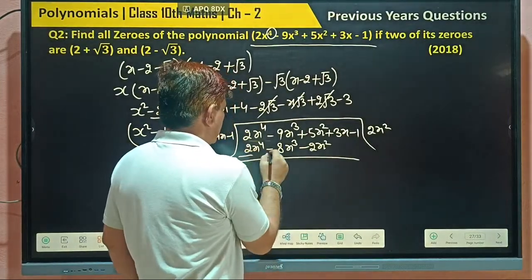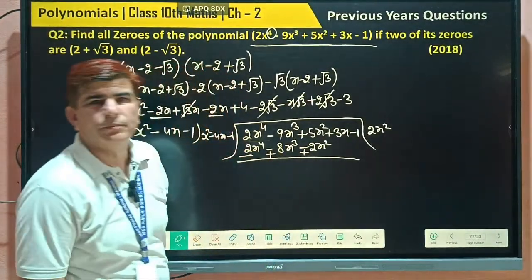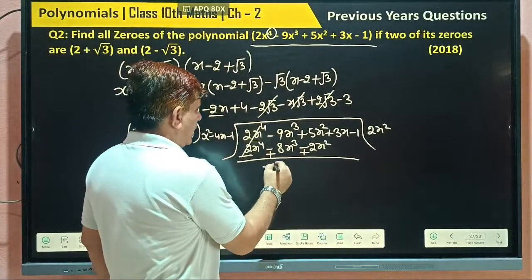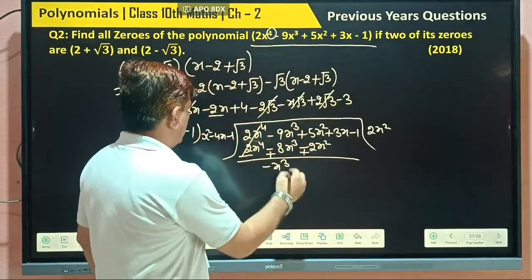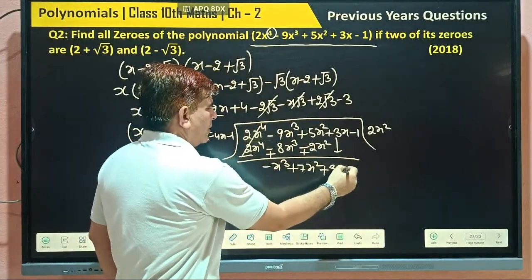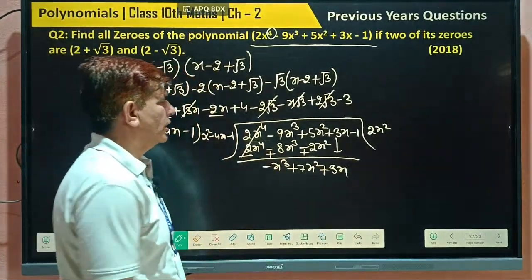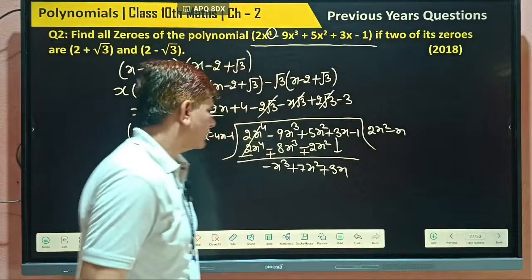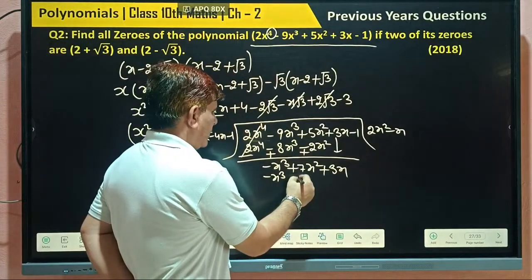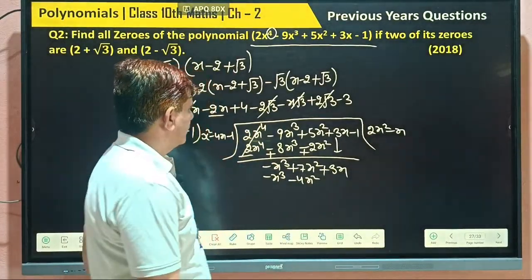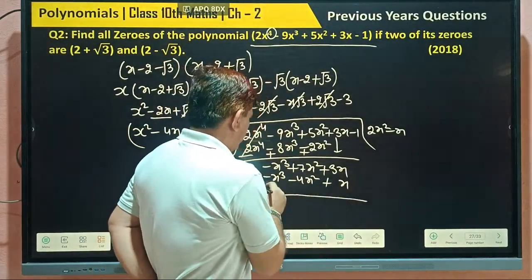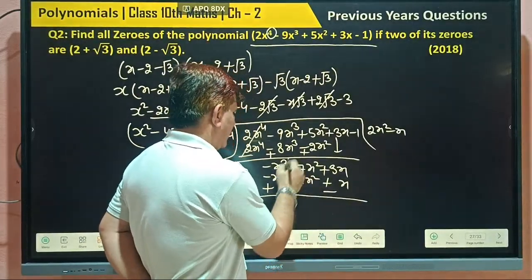Like this, minus plus plus, division you know. So this cancels out. So minus x cube plus 7x square plus 3x. I can multiply this with minus x, so minus x cube plus 4x square plus x. Plus minus cancels out.